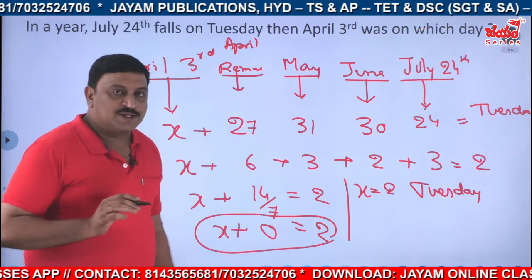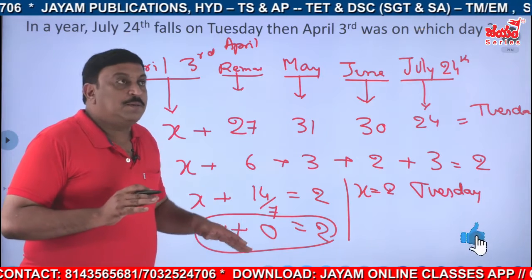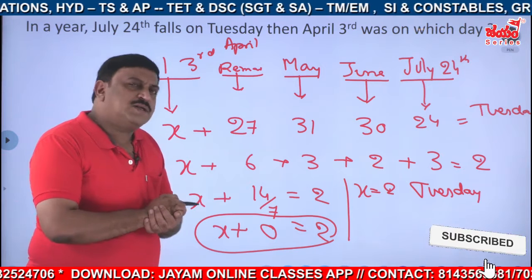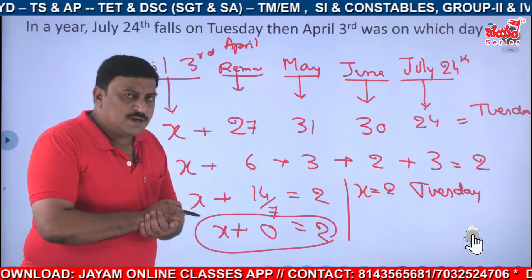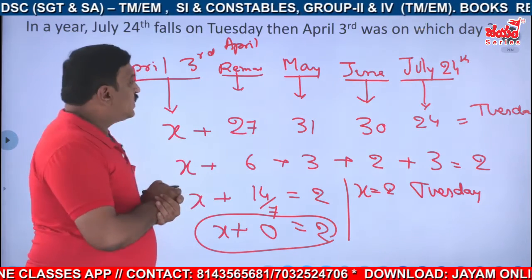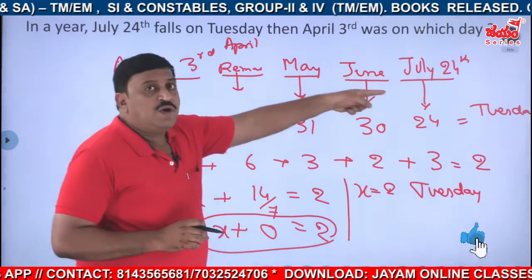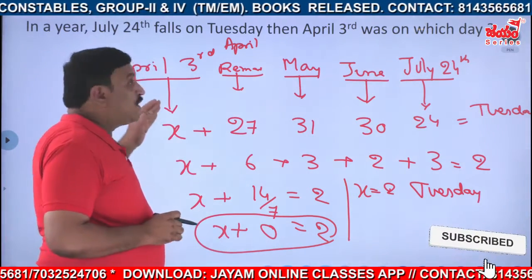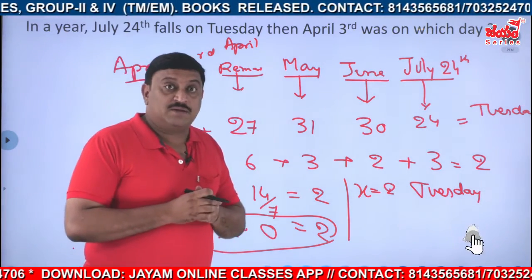Something is there in this question. You have to observe the previous one and this one. Some similarity or some logic is there here. What is that? July 24th is Tuesday. Even April 3rd is also Tuesday.